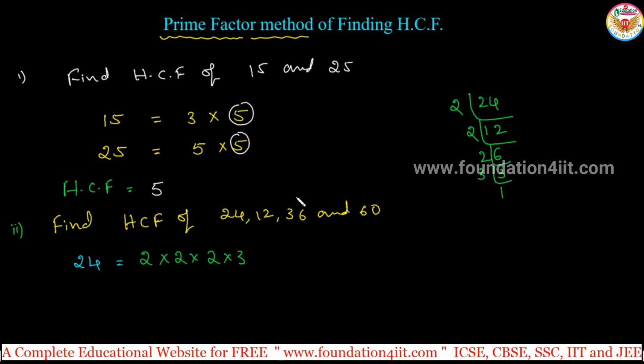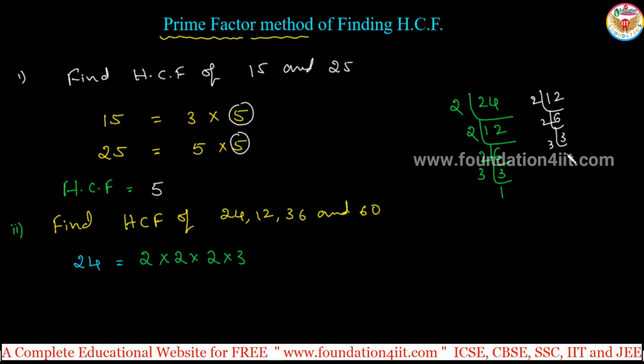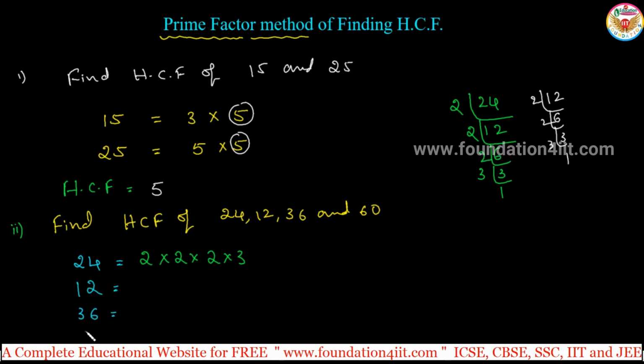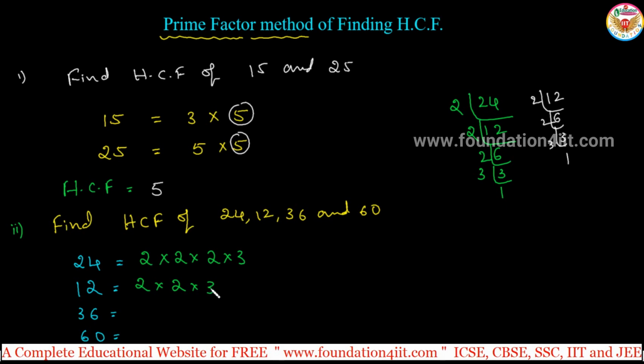Next we have the 12. Take 12 with the 2 table: 2 sixes are 12, 2 threes are 6, 3 ones are 3. That means 12 is 2 times 2 times 3.